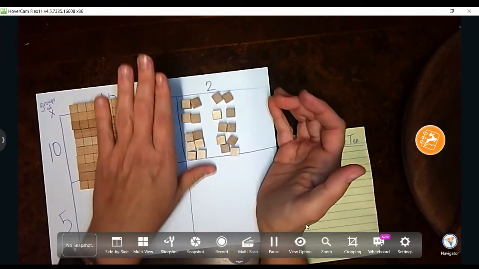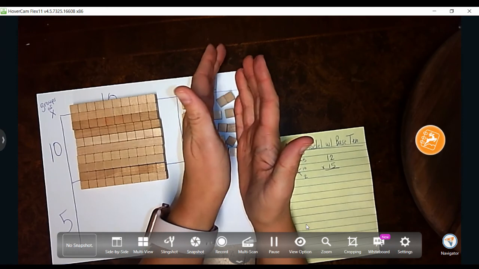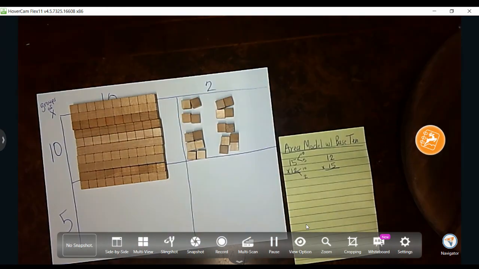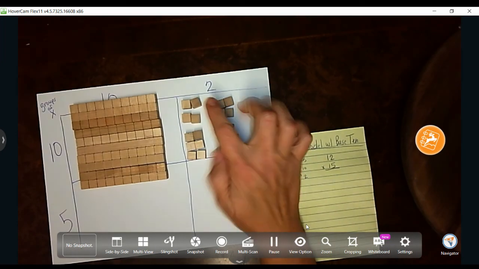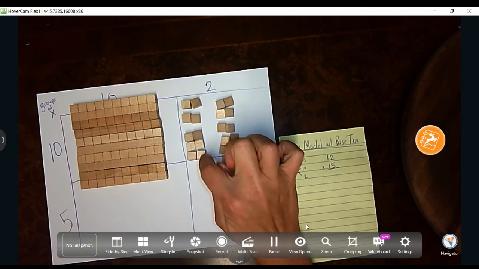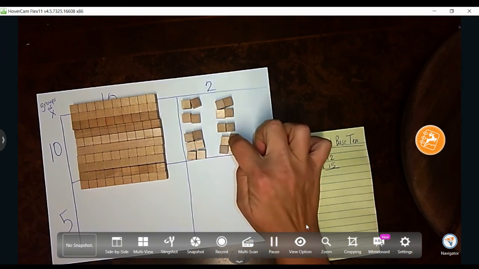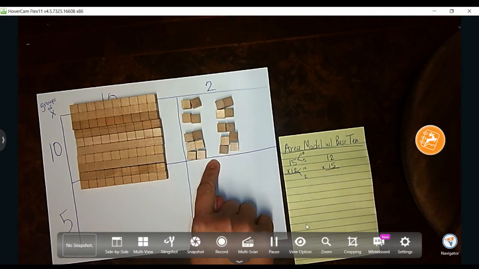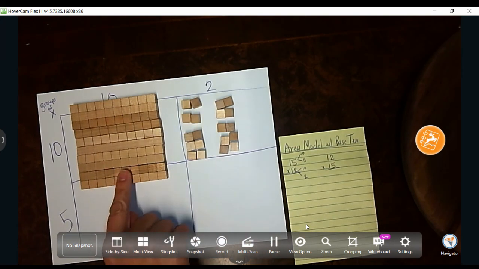So there's my 10. I'm trying to line it up for you so it's a little neater. So, just made a mess. I'm so sorry. So we can look at these and we can count by twos. 2, 4, 6, 8, 10, 12, 14, 16, 18, 20. So 10 groups of 2 is 20. So far, I know that I have 120.